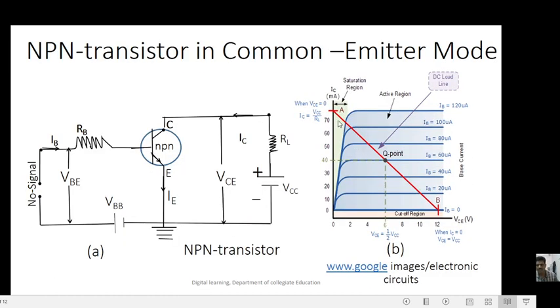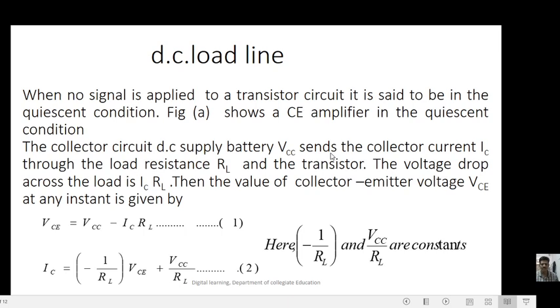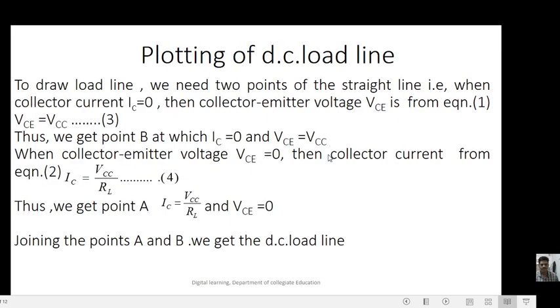So in the graph, VCE is equal to 0, IC is equal to VCC divided by RL. That is equation number 4. Thus, we get point A, IC is equal to VCC divided by RL and VCE equals 0. Joining the points A and B, we get the DC load line or straight line.